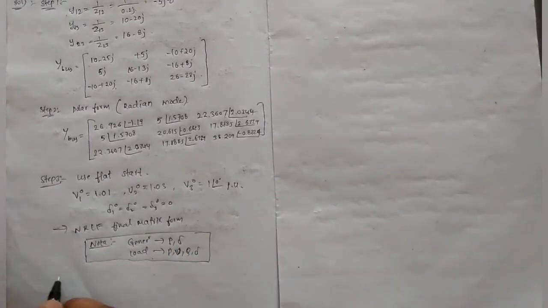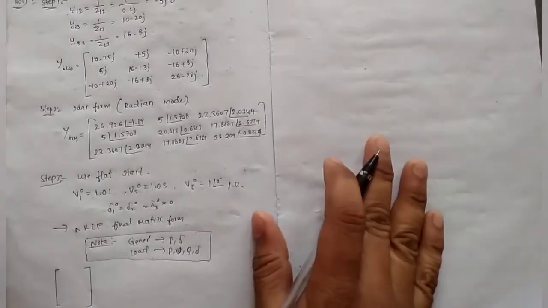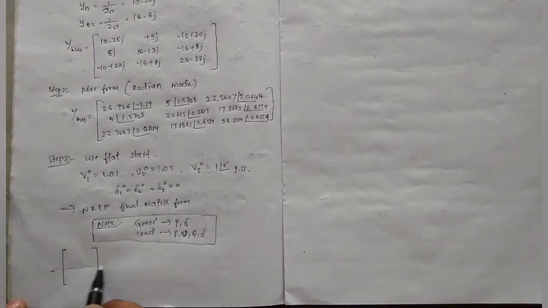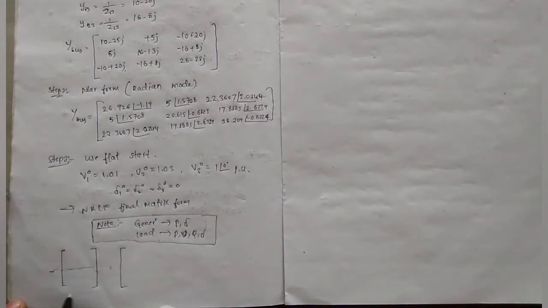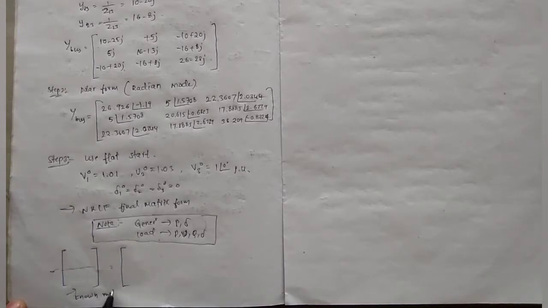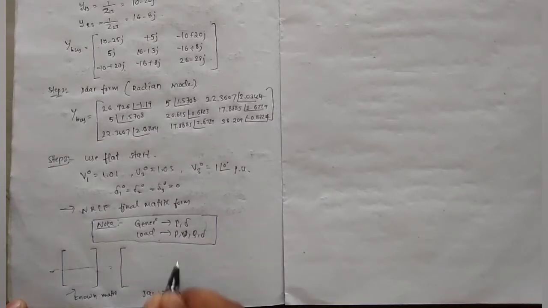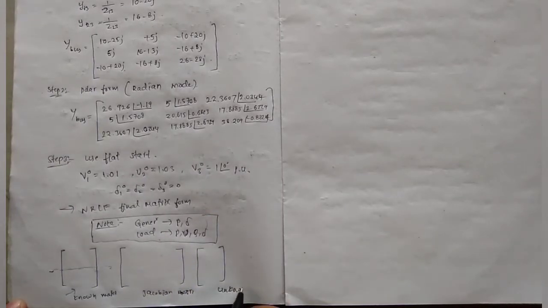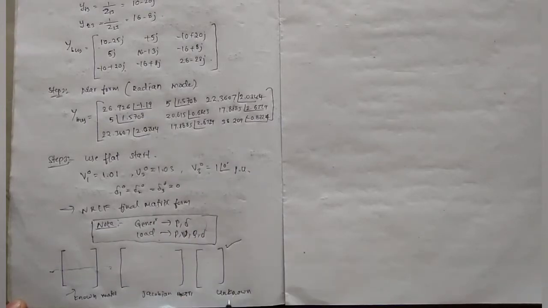Now we need to have the matrix form, right? This is the matrix form of the NRLF method. I'll divide it into two sections. This is the known matrix, this is the Jacobian matrix, and this is the unknown matrix. We need to find this.